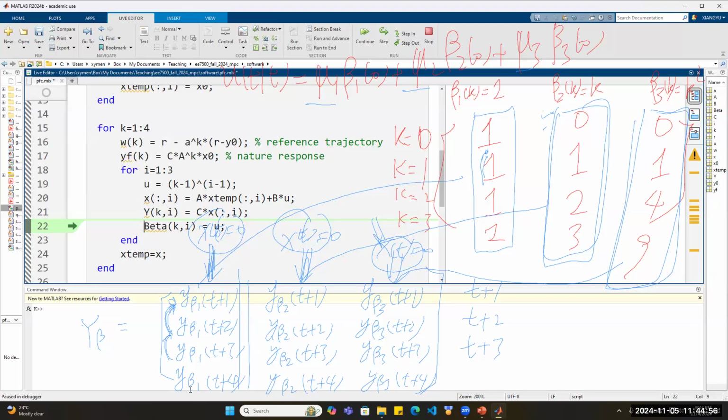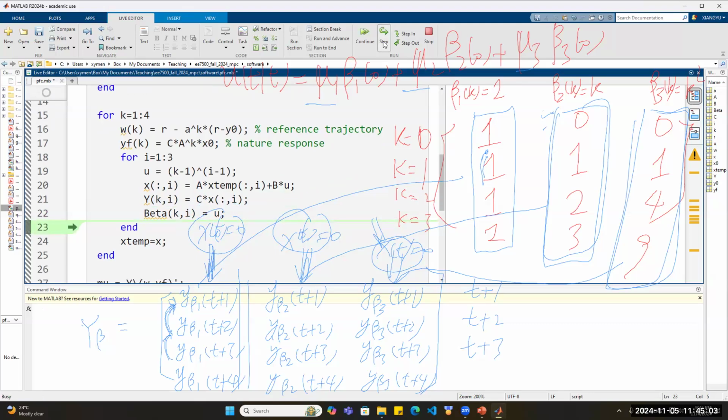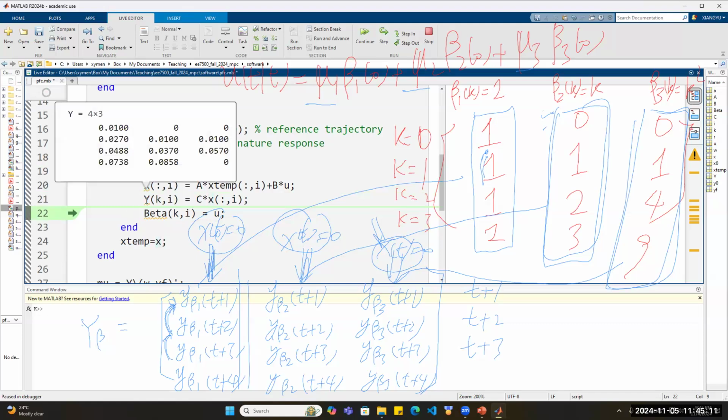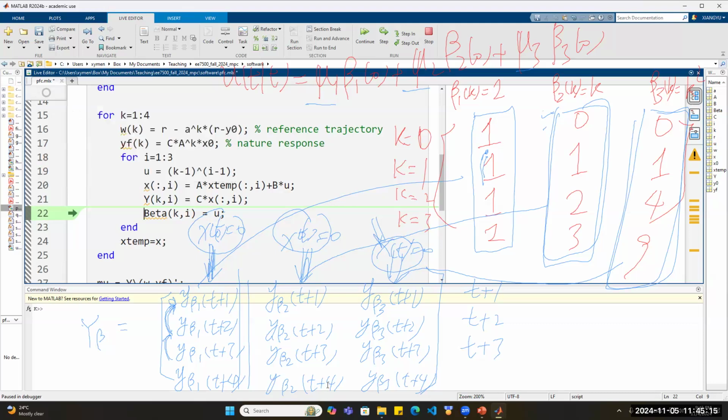This is the output when the input is 1, 1, 1, 1. Here U is 3. Then this is Y beta 2 T plus 4. That's the output when the control input is 0, 1, 2, 3.